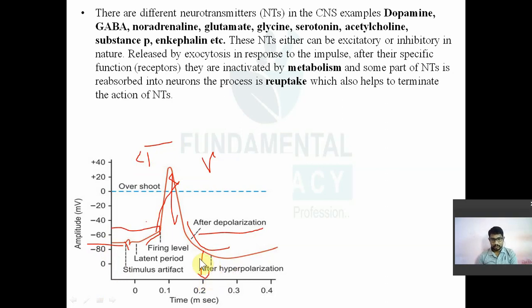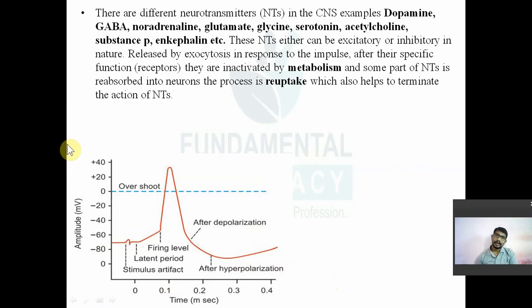You can see the red line here. Depolarization will result in action potential generation or conduction, but with hyperpolarization no action potential will be generated, and there will be no nerve conduction. That's how nerve conduction and impulse generation starts.